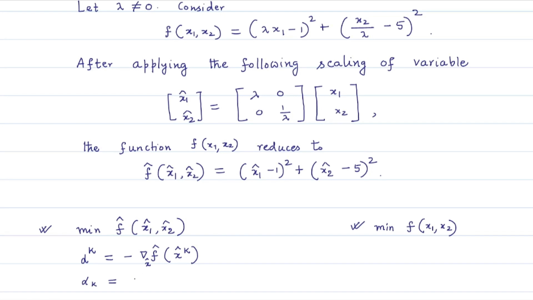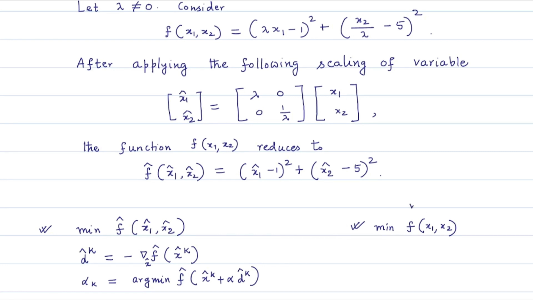That is, alpha k is the argument of the minimum value of the function f at the point xk hat plus alpha dk hat.